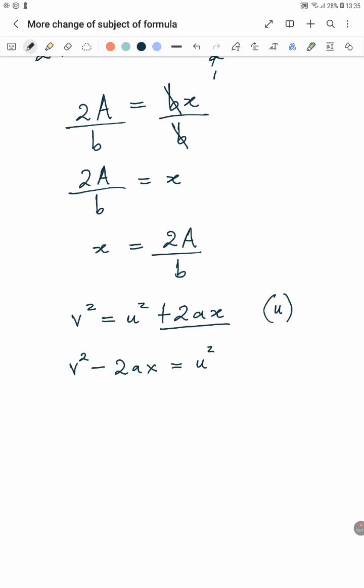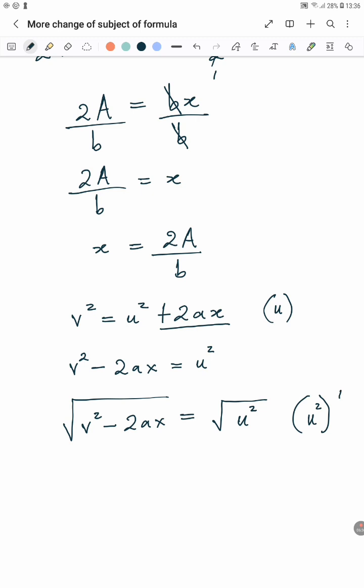And the next stage is to find the square root of both sides. So square root is the same as raising to the power half, which means here this is what we are doing. We are raising this expression to the power half so that we remain with power 1.